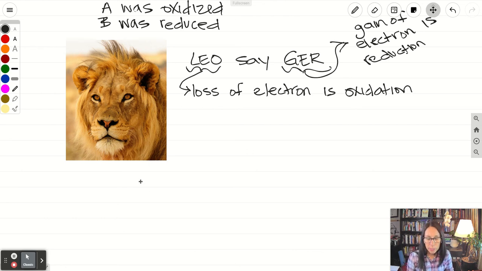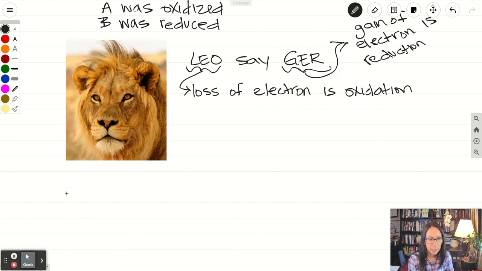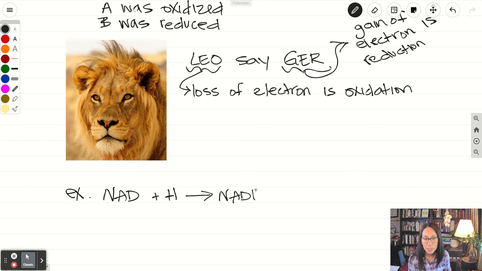There is a molecule called NAD, and NAD is an electron carrier. What NAD does is it picks up hydrogens and drops off hydrogens. So NAD can be added to a hydrogen, and then we get what is called NADH.